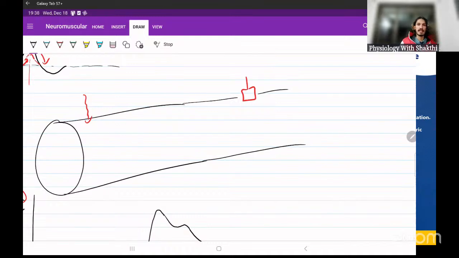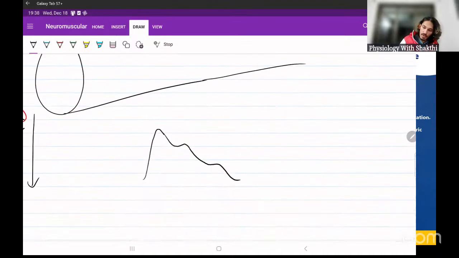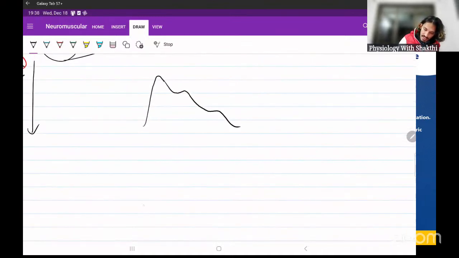The distance is increased, which means now this will not be like this anymore. It will further separate: A alpha, A beta, A delta, considering it's sensory.